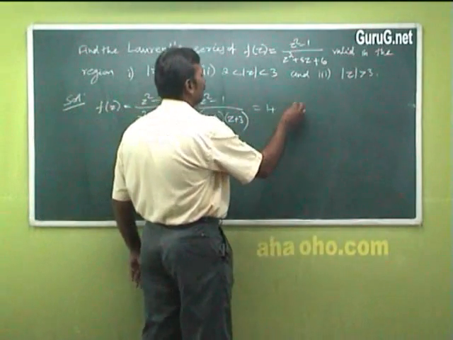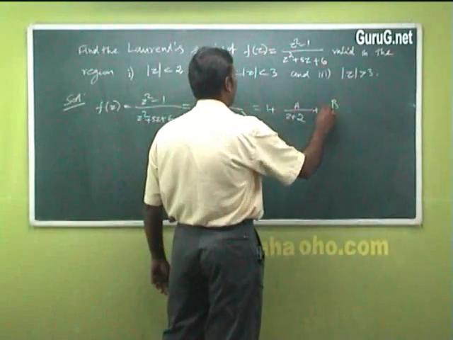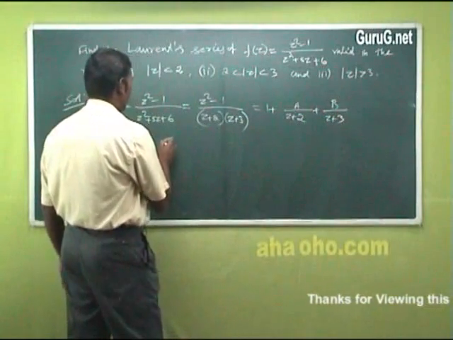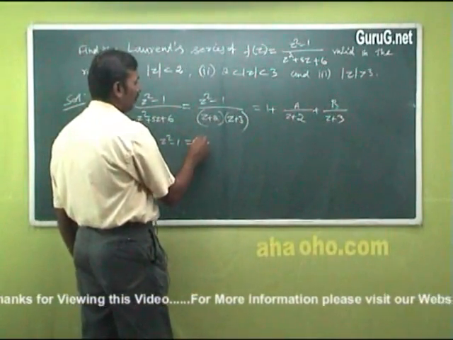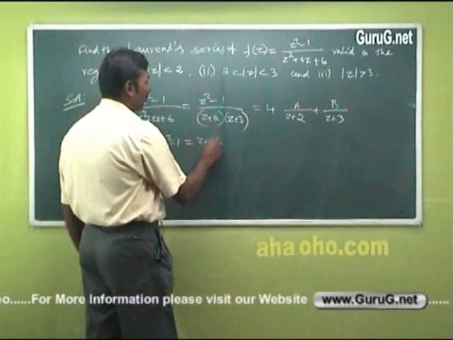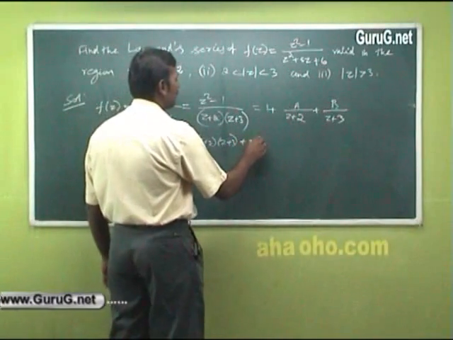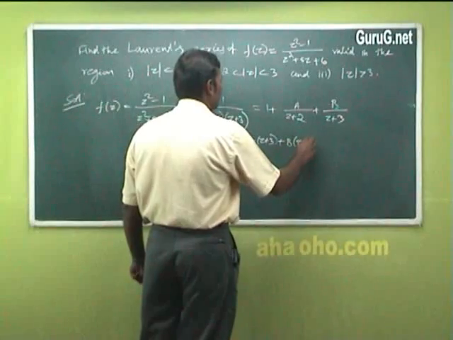So 1 plus a by z plus 2 plus b by z plus 3, right? You take LCM. So z square minus 1 equal to z plus 2 into z plus 3, a into z plus 3 plus b into z plus 2.